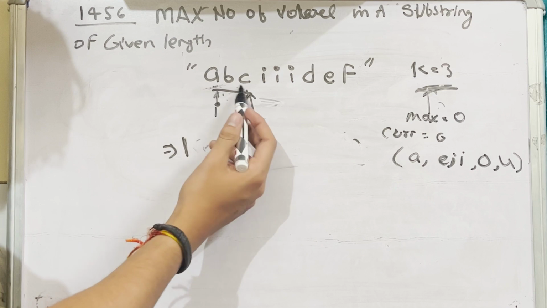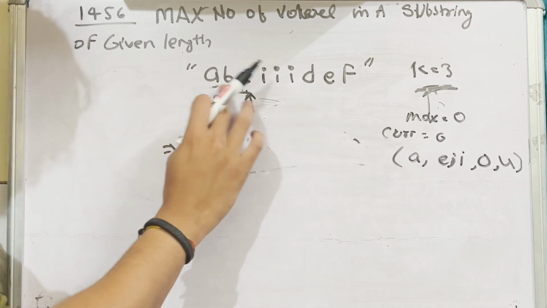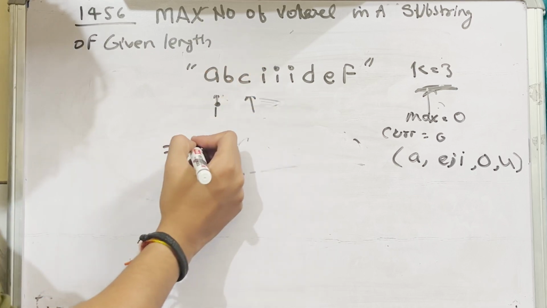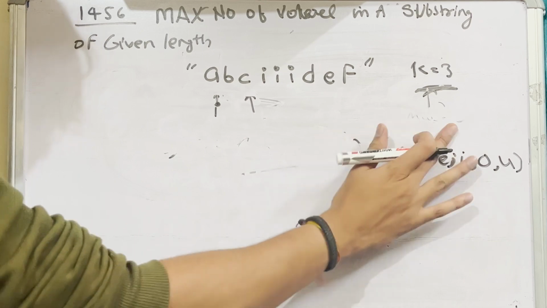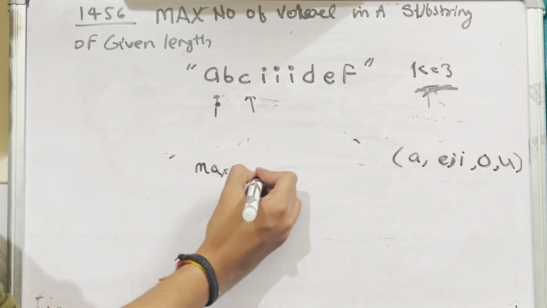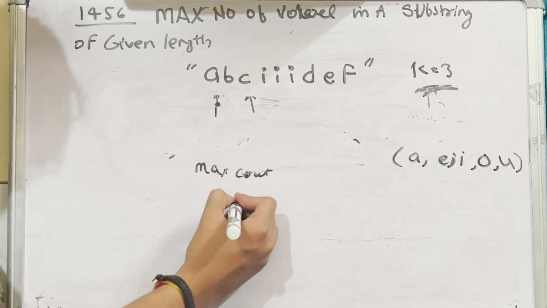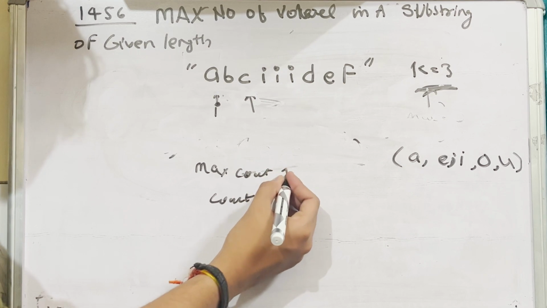As your substring is of size k, what you'll do is shrink your window. This will be your max count. So let me write it on this side. Current count was 1, max count was 1.